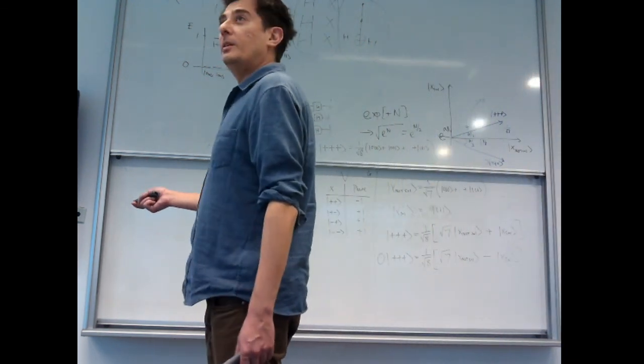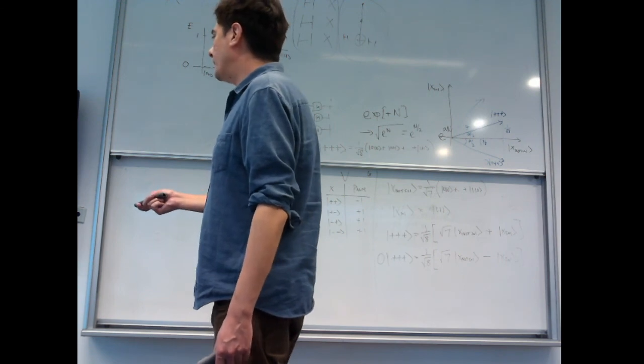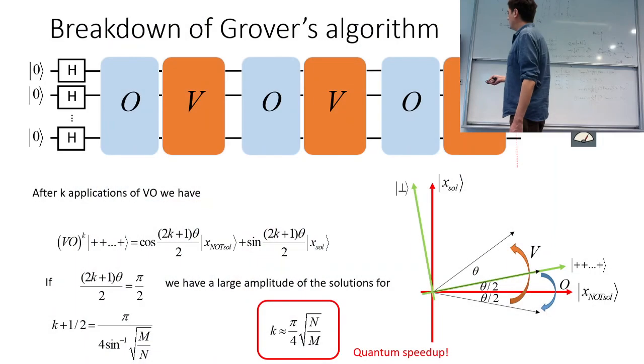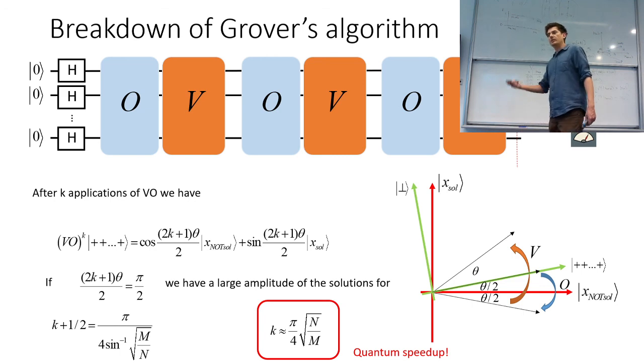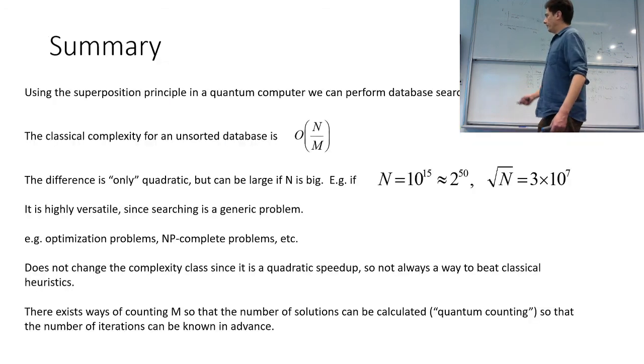I won't go into it, out of time, but you might be wondering: we have to apply this some number of times, so how do we know what number of times to apply it without doing it many times? There are algorithms known to figure this out.